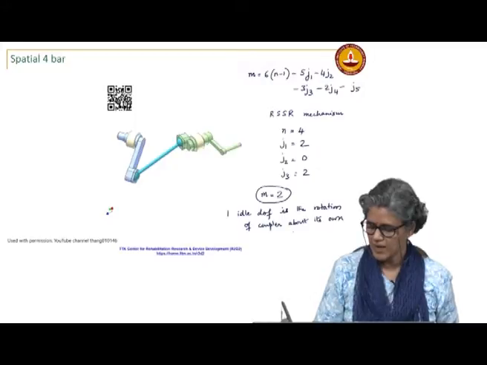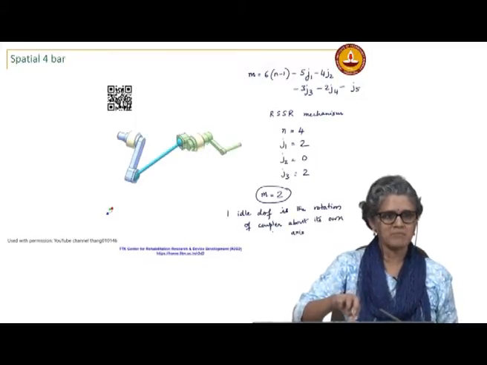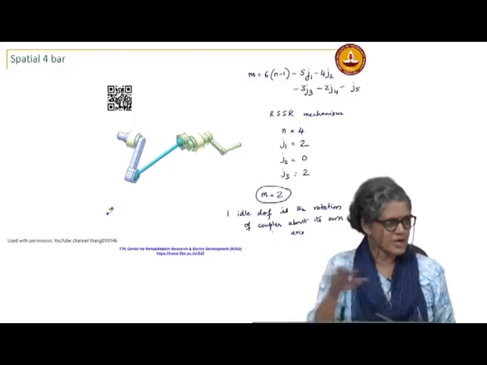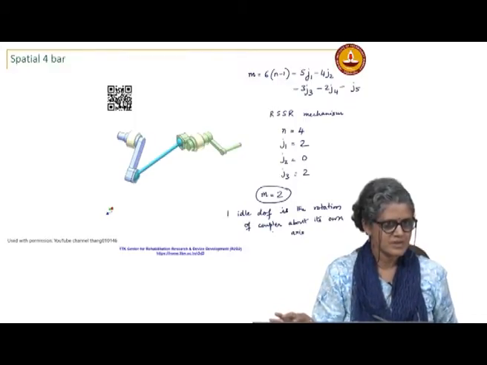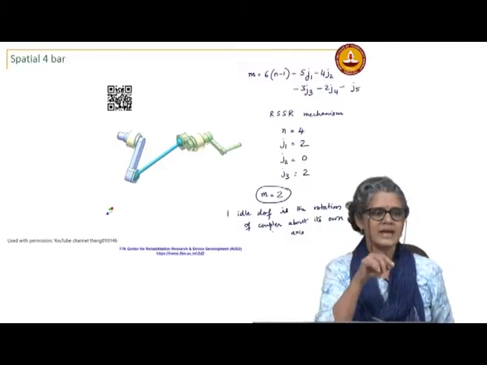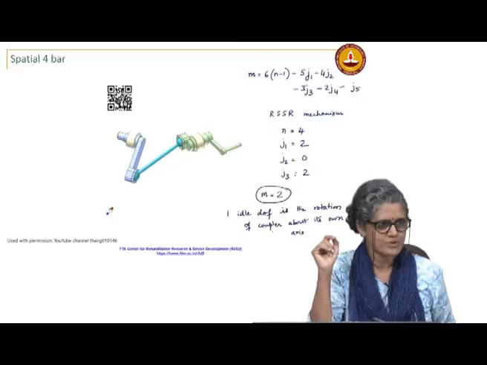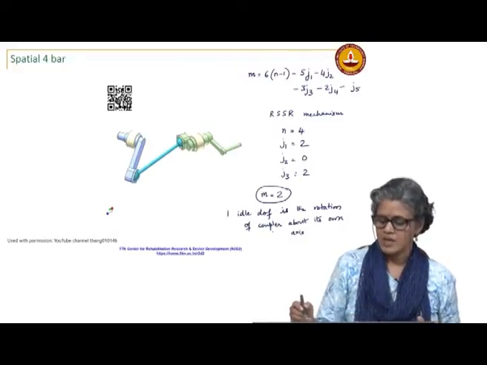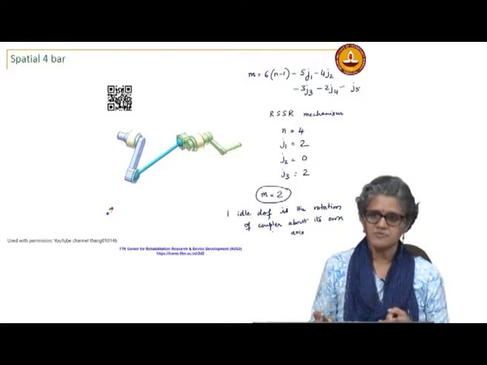So, I can keep this mechanism in this position and I can just spin that coupler, right. I can spin this coupler and it will not affect the input output relationship. So, that makes it an idle degree of freedom with this input and output. Okay. So, the equation is not wrong, this mechanism does have 2 degrees of freedom.